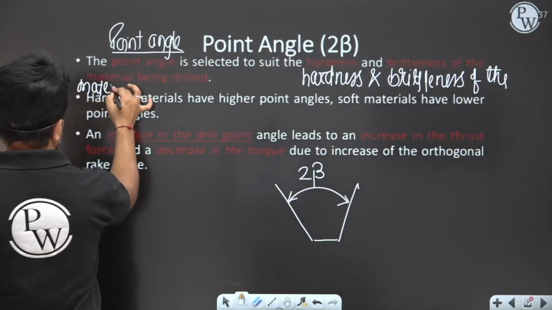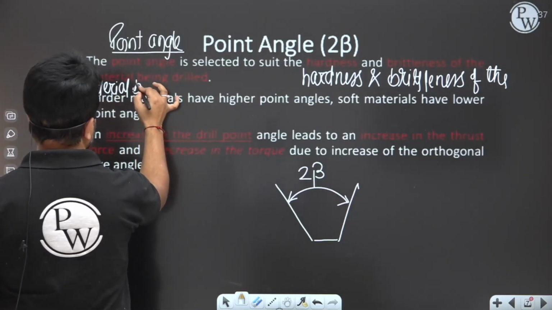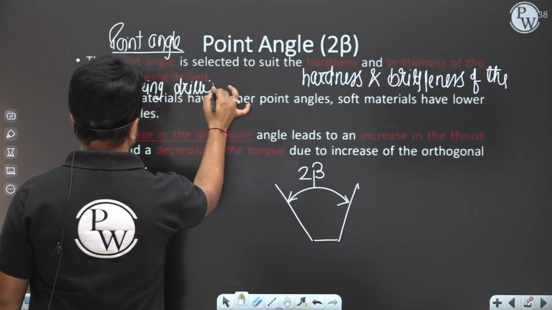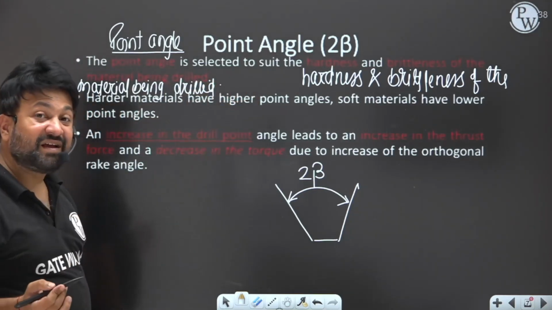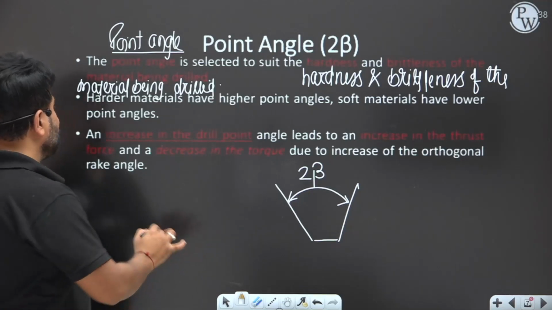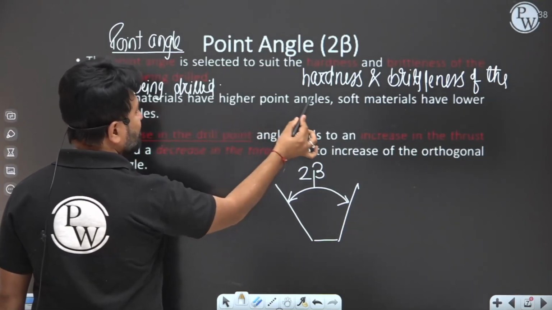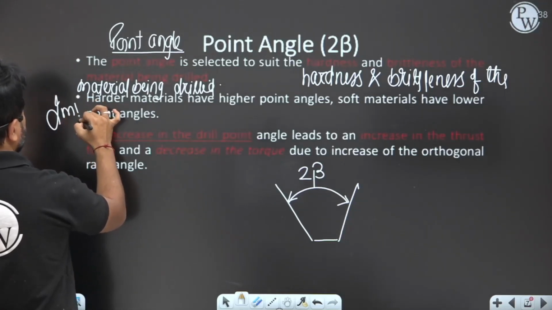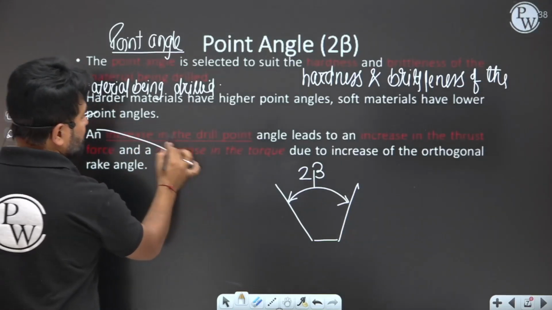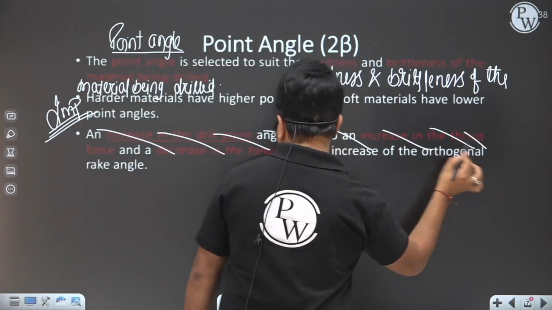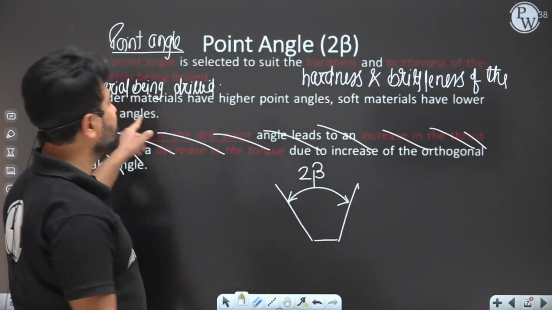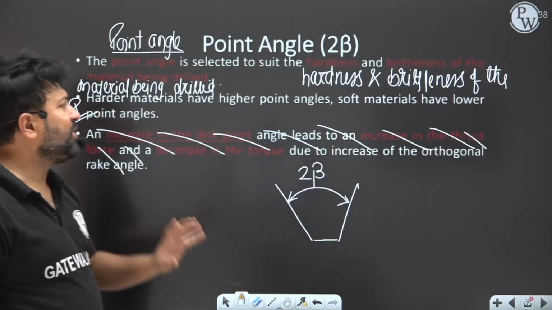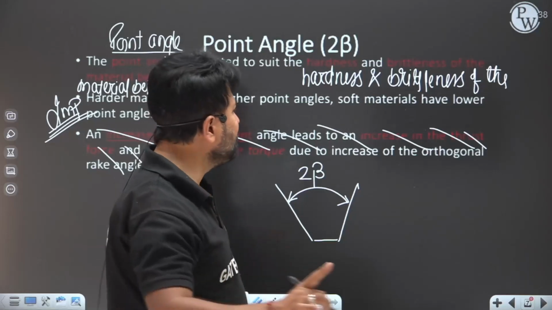The harder the material, the higher the point angle. The softer the material, the lower the point angle. This second point is very important: the harder the material, the higher the point angle, and the softer the material, the lower the point angle.